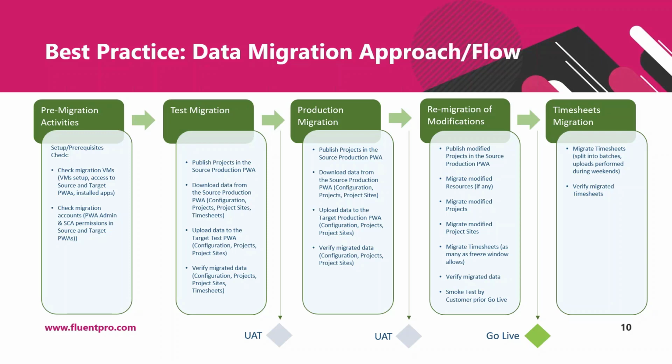Again, timesheets migration is available as a service only. Once the data is downloaded into either FluentBooks workspaces or FPP packages for project plans, the next step is to upload this data to the target test PWA. There is a specific sequence in which the data should be uploaded. And we will talk later about the sequence in this webinar.